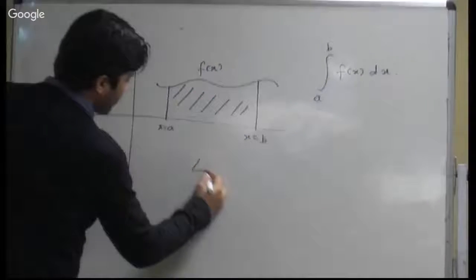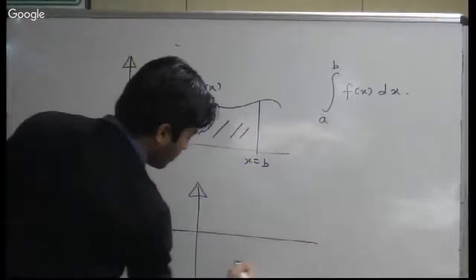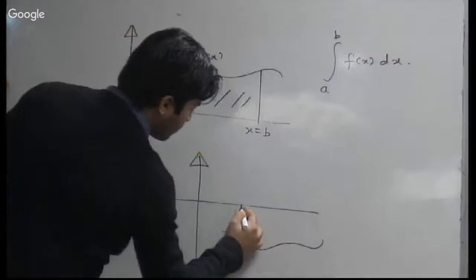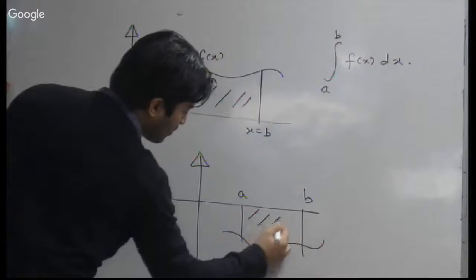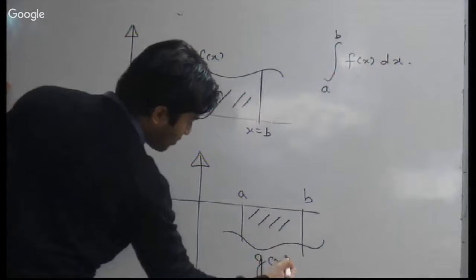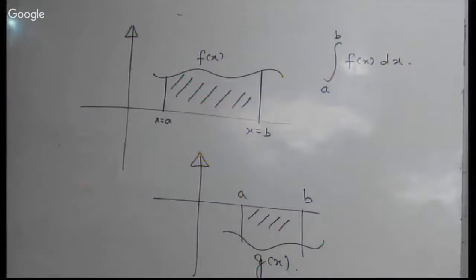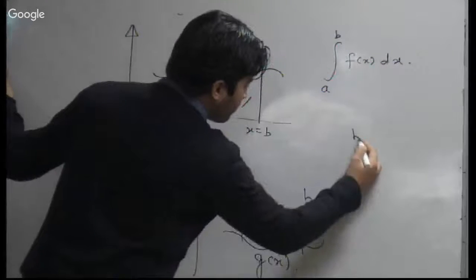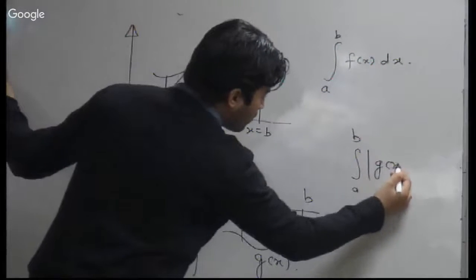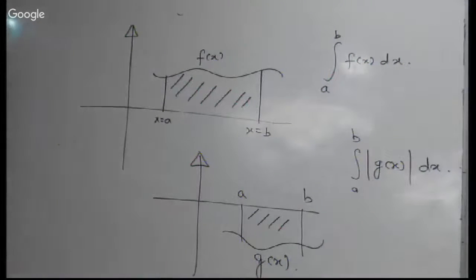When you see something like this, let's say this is g(x). So how am I going to find the area? From a to b. So you saw, why did we do the curve sketching last time?